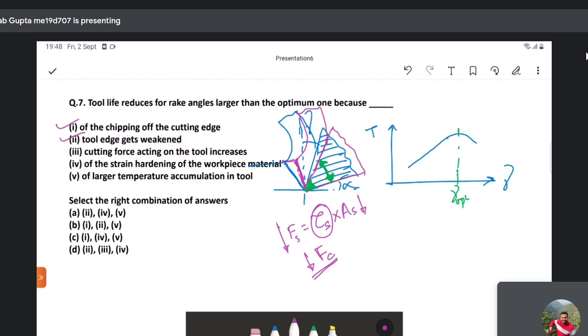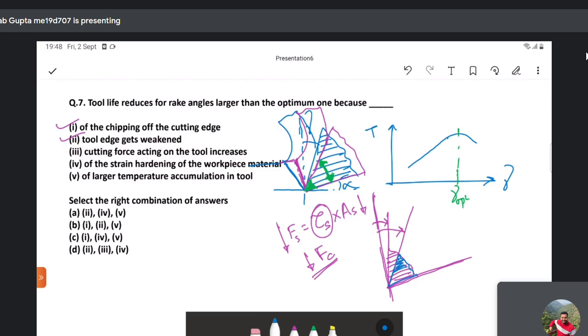We can see that as the tool's particular region is reducing due to the increase of rake angle from here to here, the area that was initially available for the dissipation of heat energy from the cutting area is getting reduced.